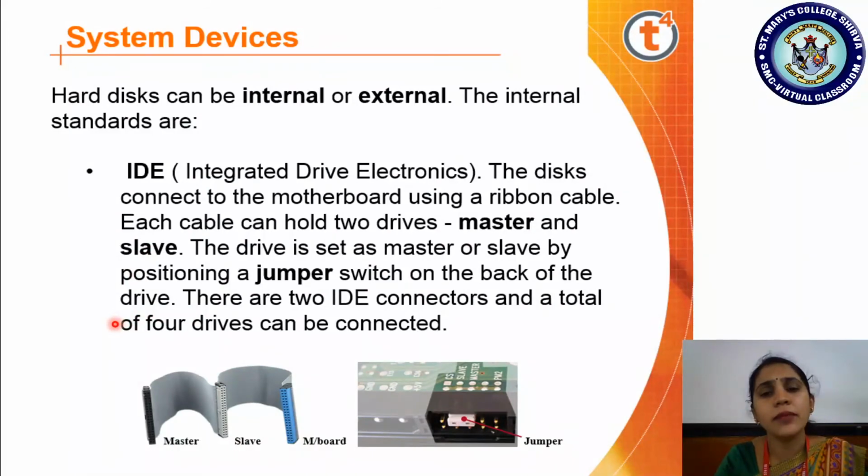Normally we have some minimum capacity according to our usage, like 80 GB or 40 GB. In case you want more than that, you may go for an external hard disk, which you can connect externally to your computer to save your information.